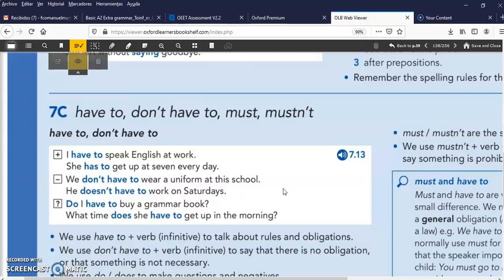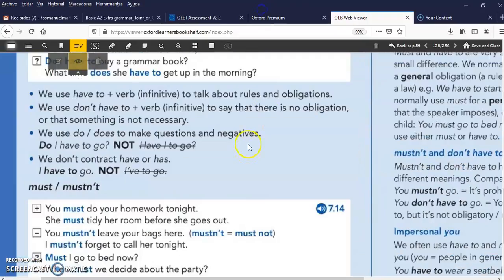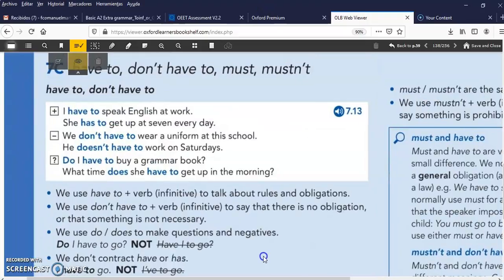Have to and must mean obligation. They mean tengo que hacer algo, debo hacer algo, es necesario que haga algo. So they are both obligation. You have them here. Okay.